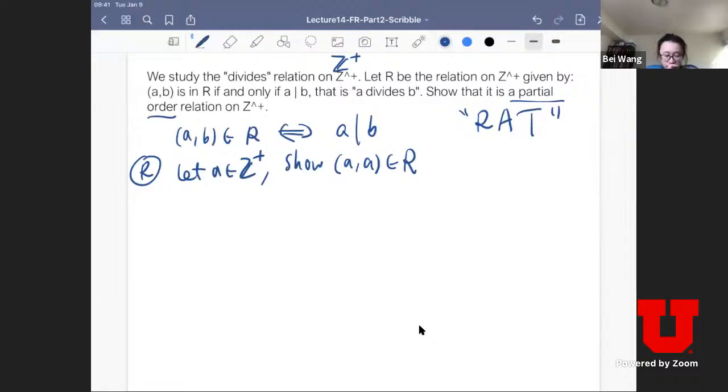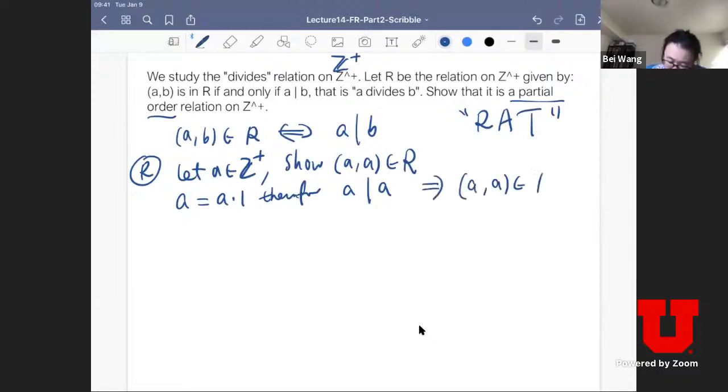Okay. So what do I have? Because A is equal to 1 copy of A, therefore A divides itself. This implies the pair AA is in the relation, so the relation is reflexive.